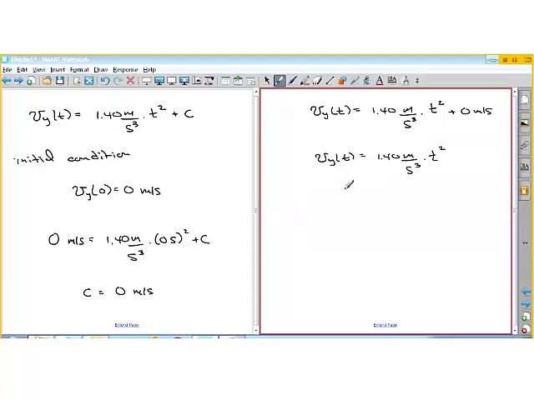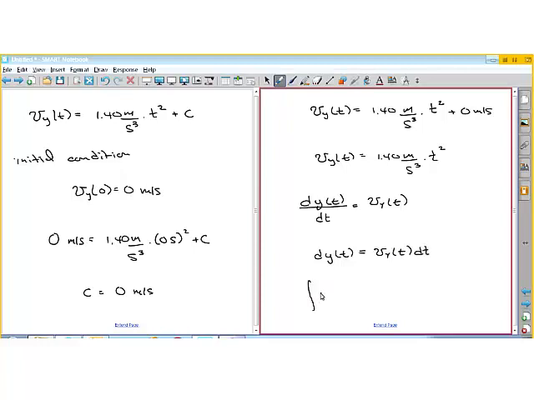Okay, so let's do the same thing to find the displacement. Remember the derivative of y of t with respect to t is the y component of the velocity. If I multiply both sides by dt, I get dy of t equals v sub y of t times dt.